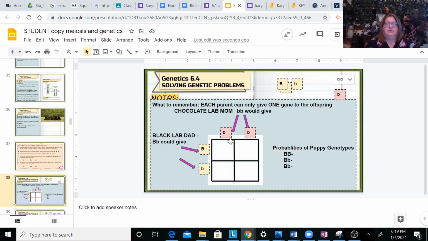Now, with the way the Punnett squares work, what you do is you drag across and drag down. I'm going to pull from my top letters so I don't lose what I have on the top and the side. So the dad could give capital B or capital B, or he can give the lowercase in the bottom.